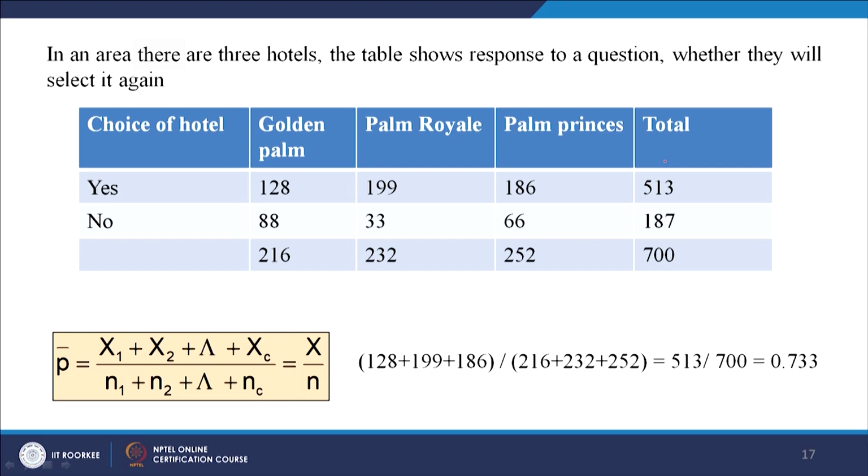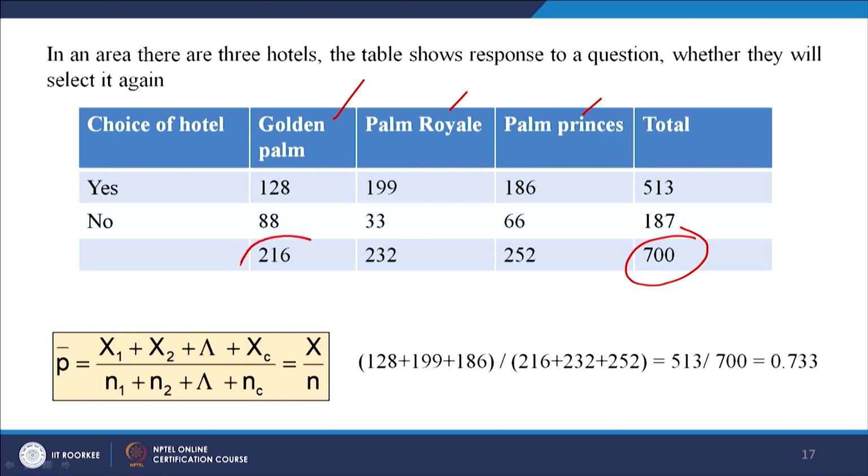Let us say in a city or in an area there are 3 hotels, right. The table shows the response to a question whether they will select the hotel again. So, there are 3 hotels, Golden Palm, Palm Royal and Palm Princess. A question was asked to 700 people in total, right.